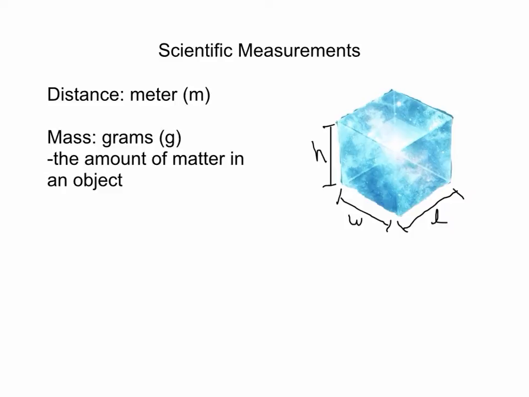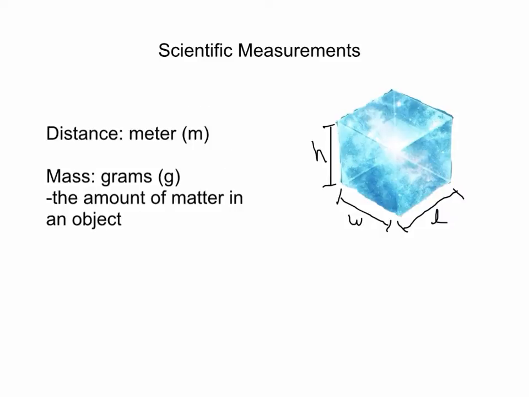Now the third property that we can easily measure with this Tesseract, this object, is the volume.